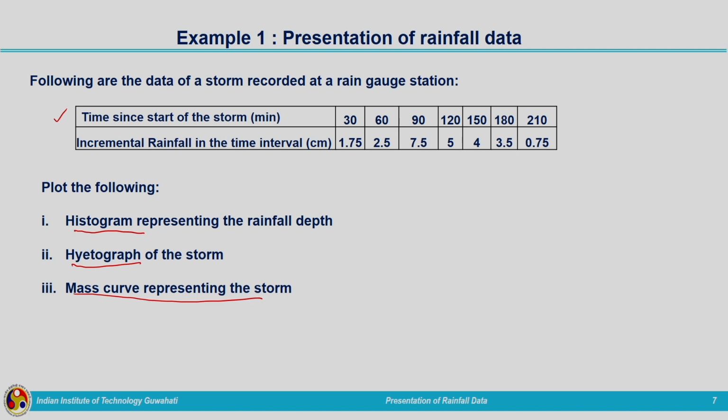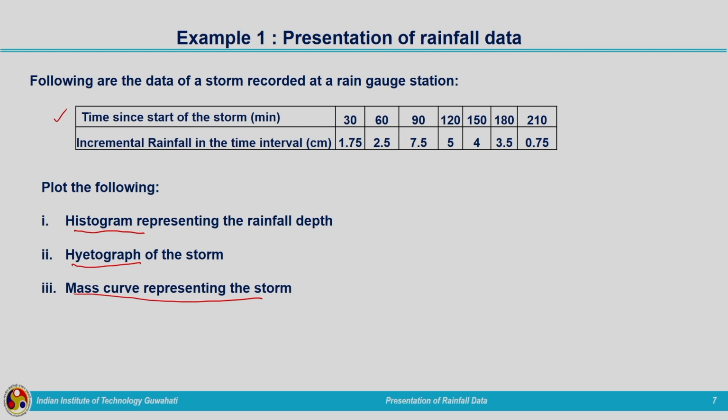The rainfall details at a particular rain gauge are given to us. We have to plot 3 graphs: histogram, hydrograph and also mass curve. Time is given in minutes and the rainfall is, you should be careful what kind of data is given. It is the incremental rainfall data.